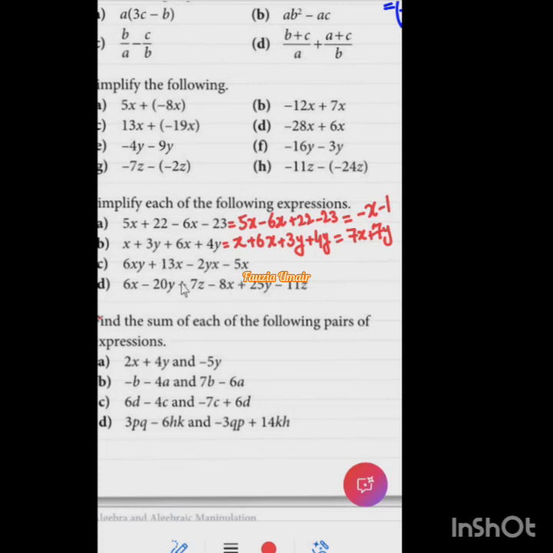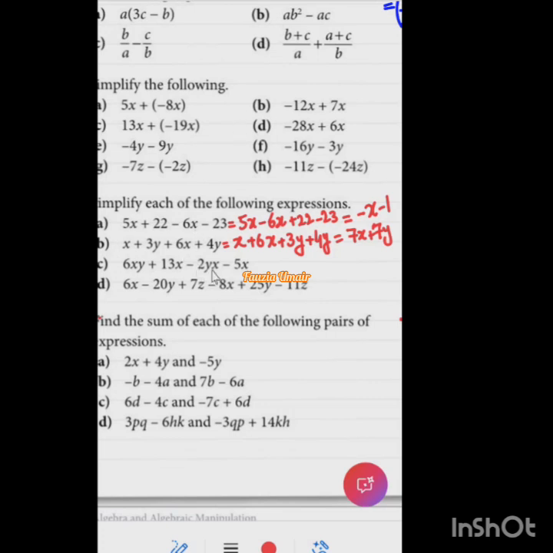Ma'am, the like terms are 6xy, minus 2y, plus 13x and minus 5x. So do you think there is no like term for 6xy? I think yx, if you opposite it, xy.